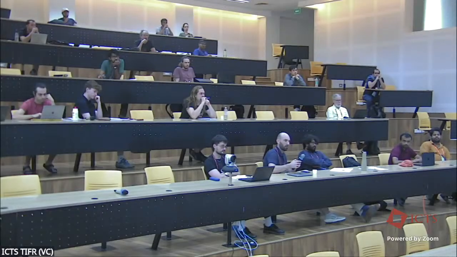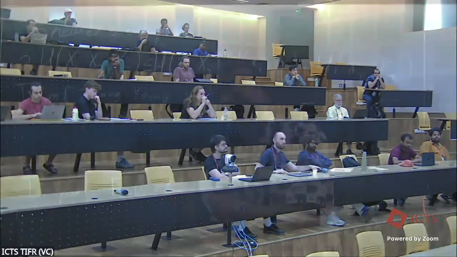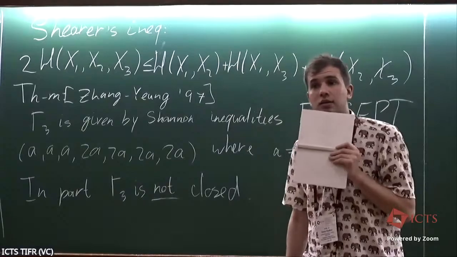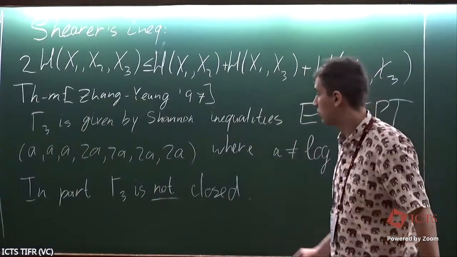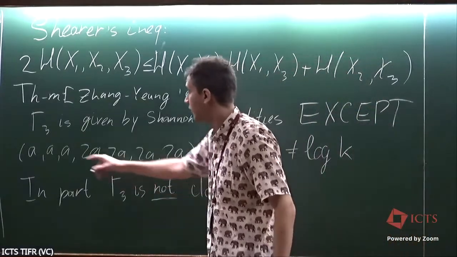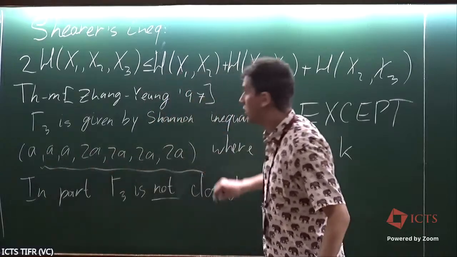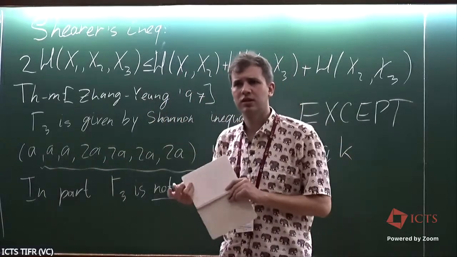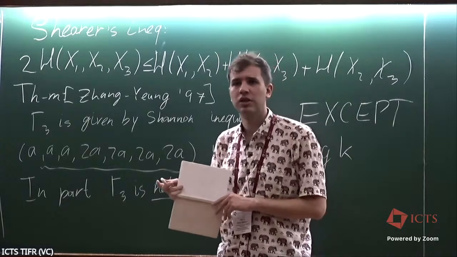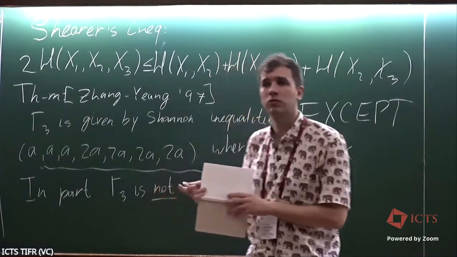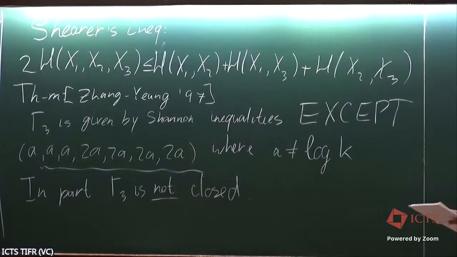I think it's not, because the way you build points in gamma 3 very close to this point, it seems that it's a genuine effect of how the world works.